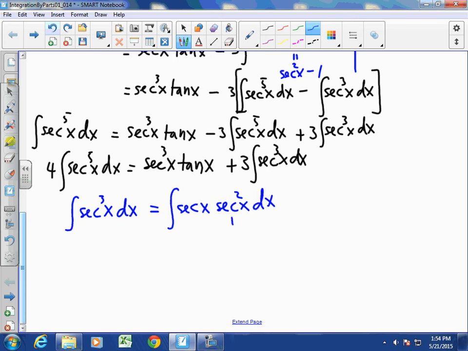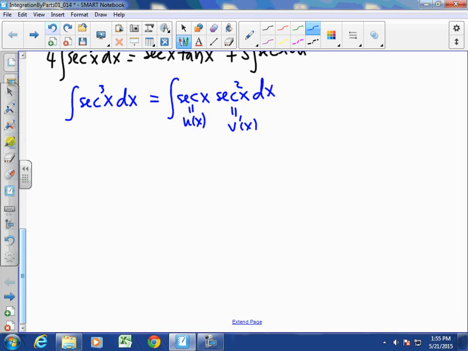So this again will be our v prime of x, and in this case this is our u of x. So u of x equals secant x, which means that u prime of x is secant x tangent x. V prime of x equals secant square x, which means that v of x is tangent x.